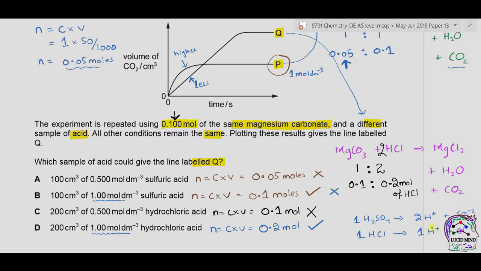So as in HCl, the number of moles of H positive ions are less, so therefore the rate of reaction will also be less. So therefore we can see that HCl produces more volume of carbon dioxide as it has more number of moles, and the rate of reaction is lower as the number of moles of H positive ions formed is less. So both are true for D. The answer is therefore D.